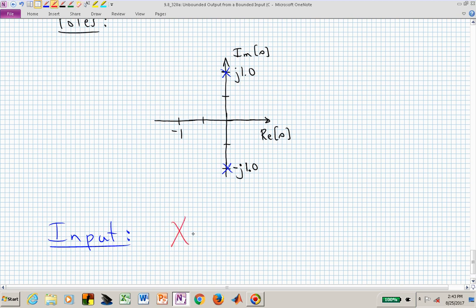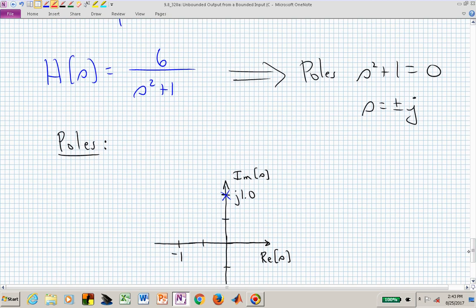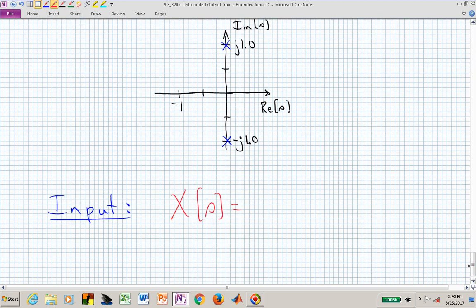Suppose that I now say my input is red. And I want this to actually correspond to a bounded time domain waveform. But I want that bounded input waveform to be such that when it's applied to this system, capital H of S, that has poles at plus and minus J, it will produce an output that goes unbounded with time.